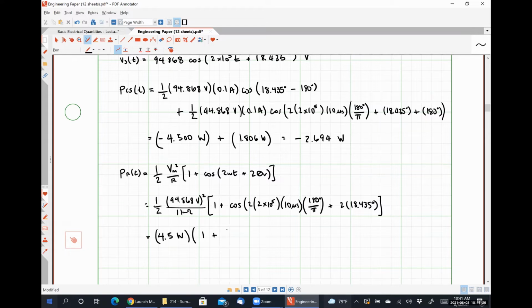So it's 1 plus negative 0.0688, which I get to be 4.190 watts.